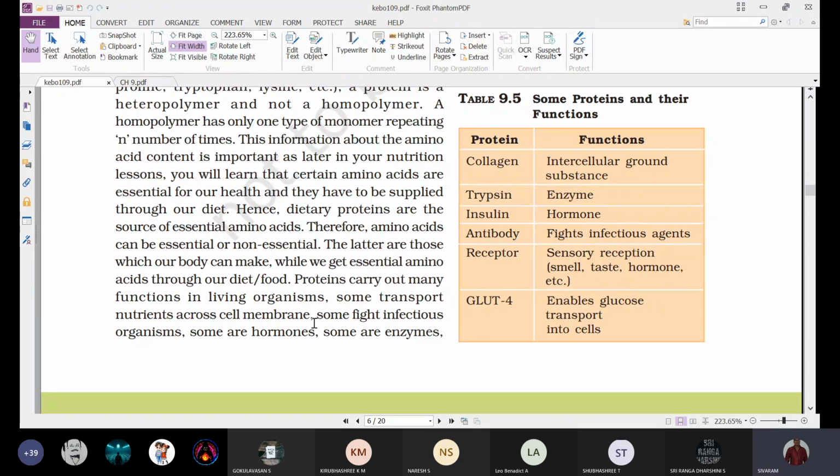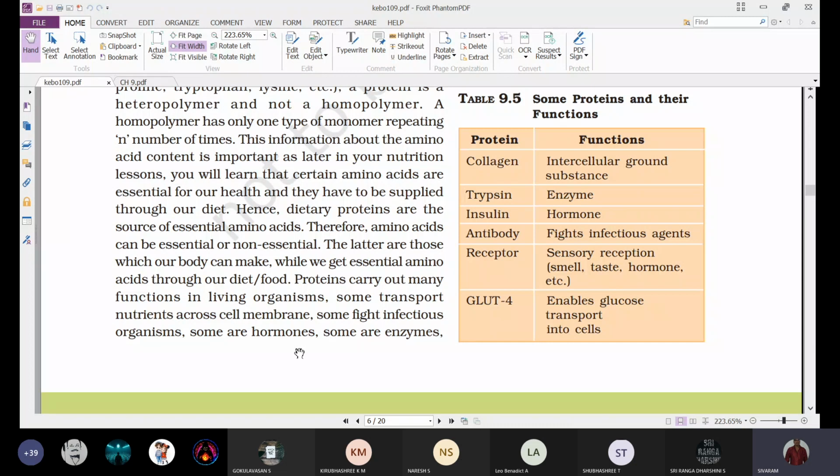Okay, some transport nutrients across the cell membrane. Already, while we were discussing the plasma membrane, we have come across this. In the plasma membrane, we'll find certain proteins, that is, integral proteins or peripheral proteins.